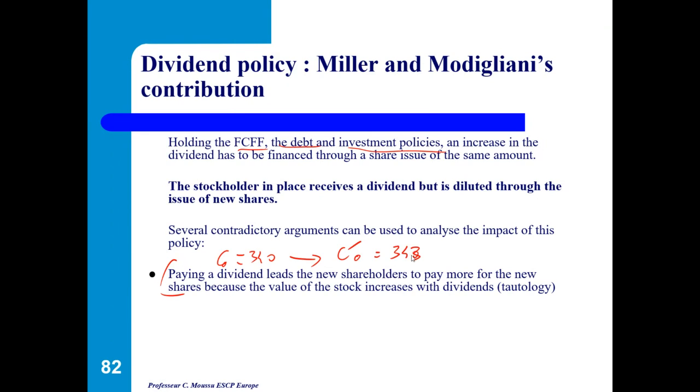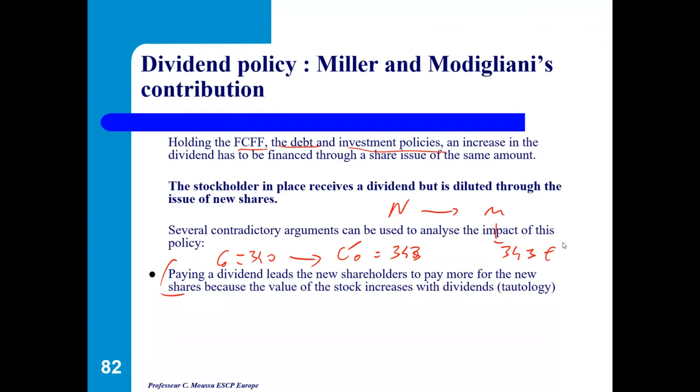That's what I think. Of course, if the stock price increases when you pay dividend, then it's going to be good for shareholders because of the dilution that you will have when you raise equity. The number of stocks was n and the number of new stocks is small n, so you will have dilution for the new shareholders. But if you raise stock at the price of 343 and you pay out dividend to the former shareholders, then it's going to be interesting.